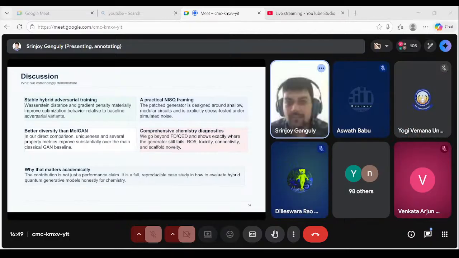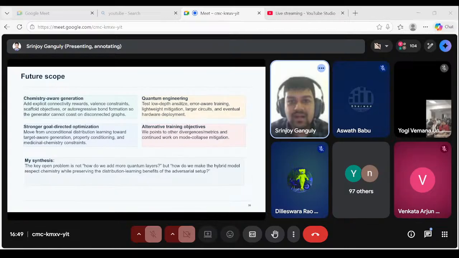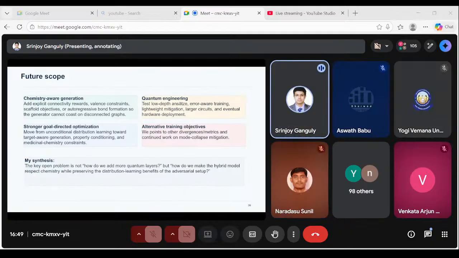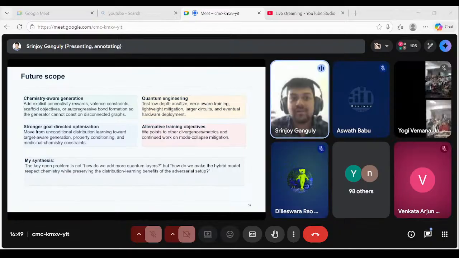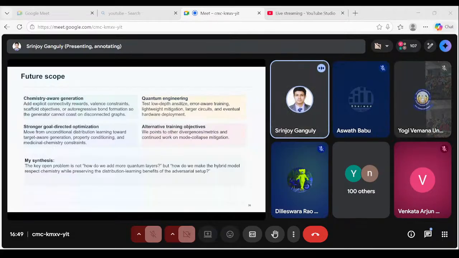So I just wanted to say something about future scope very quickly. Since the chemistry performance of the model is really not good, you need more chemistry-aware generation, so that the generator knows and corrects itself in real time, for example when the generated structures are not passing the scaffold test, it can regenerate again.